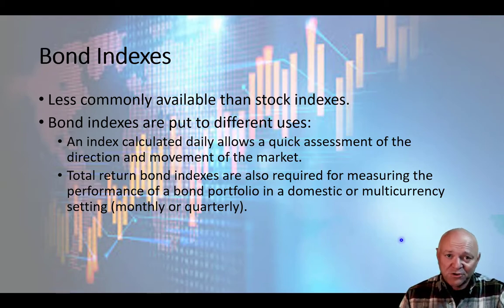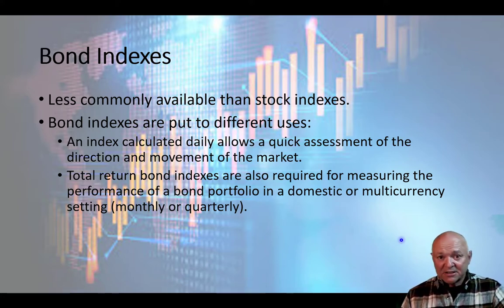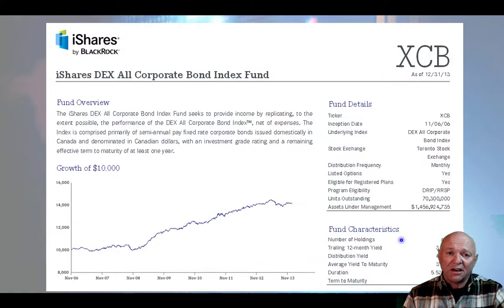We see that there are also going to be price indexes as well as total return indices, and essentially a total return index is based on the coupon payments as well as changes in price. Some of the indices that I'm familiar with include the DEX index. And here we can see an exchange-traded fund that's based on the reported movements in the DEX index.